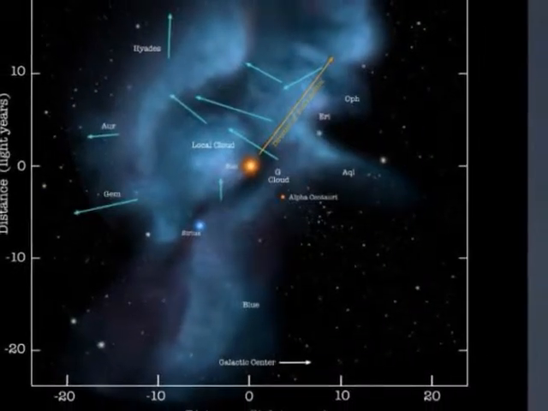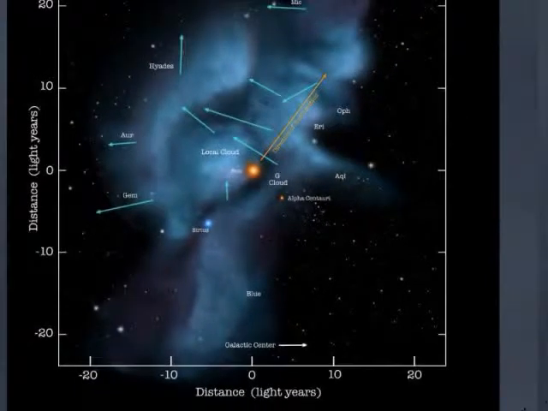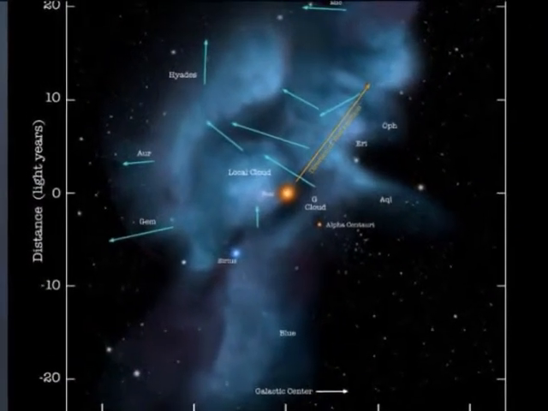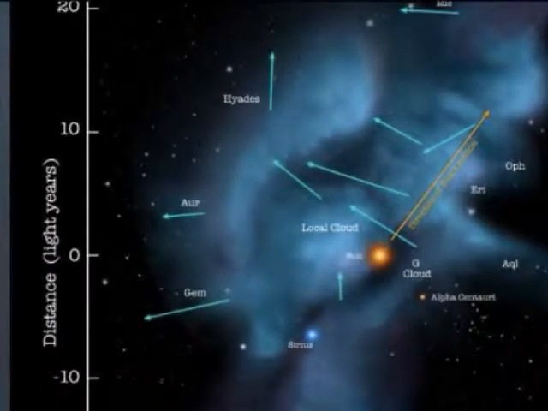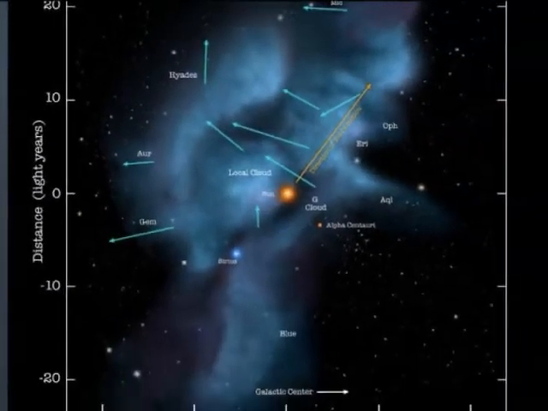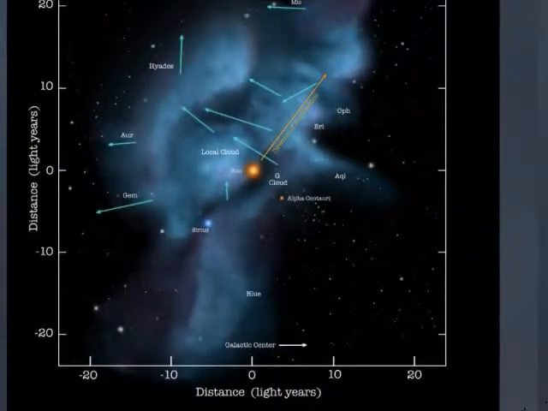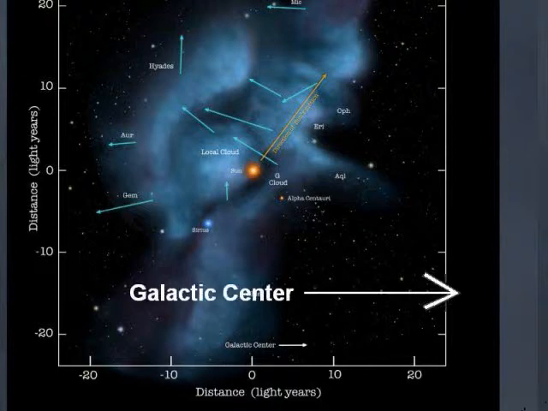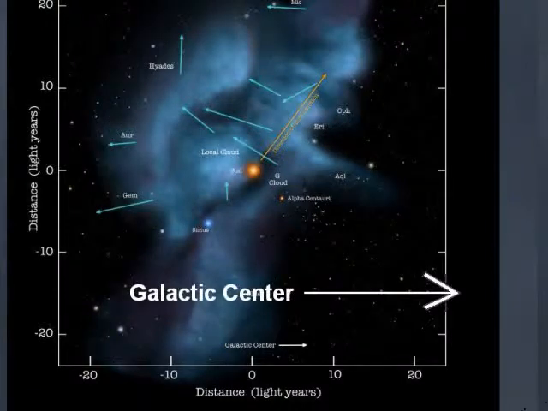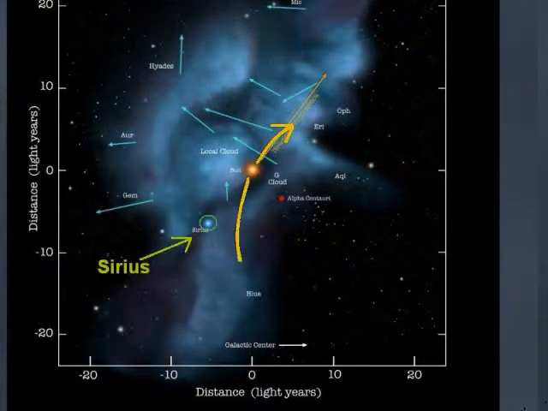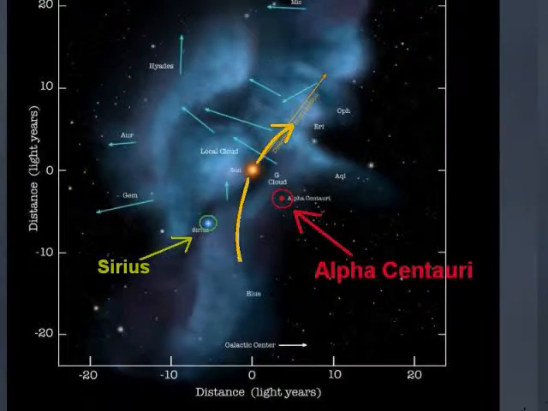The blue lines show the direction of movement of this cloud, which is about 50 light years by 25 light years in measurement. We're moving around the galactic core, which is off to the right, in a wide spiral round and round the galaxy in the direction of the yellow line.